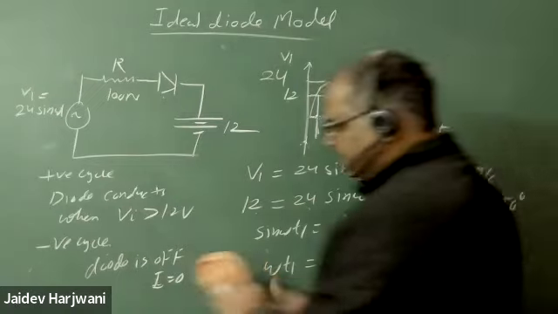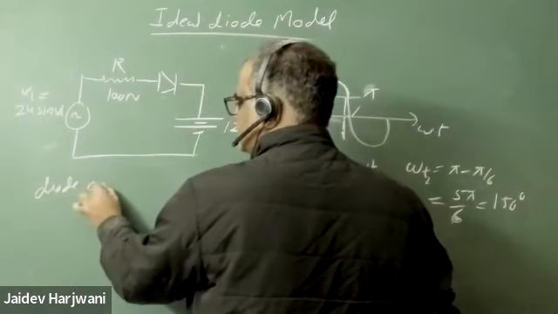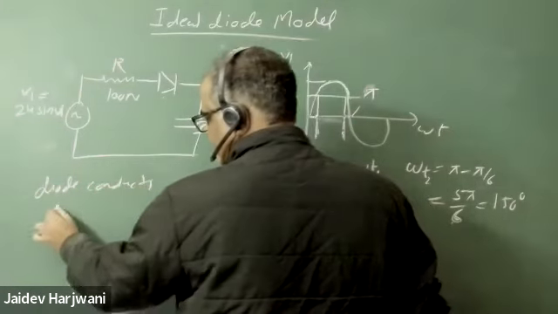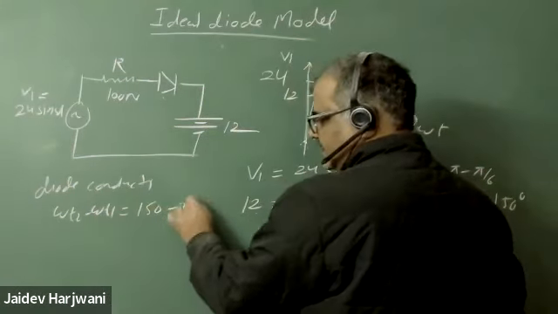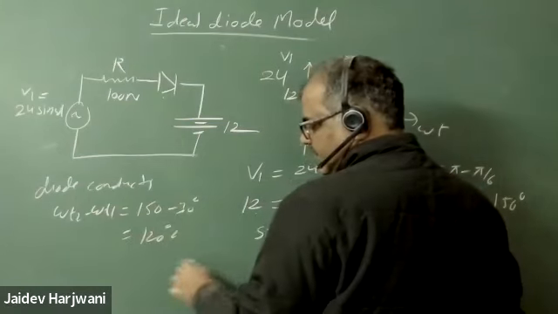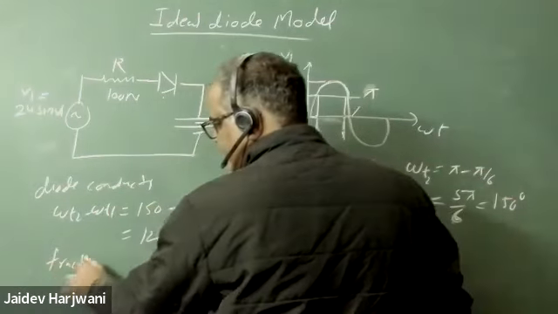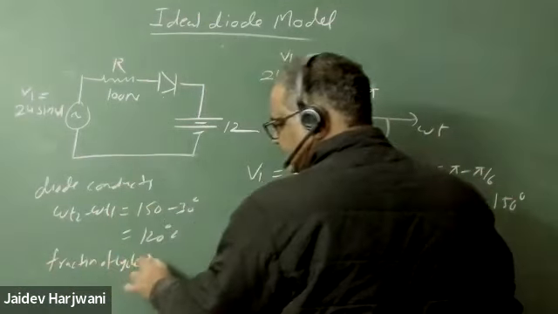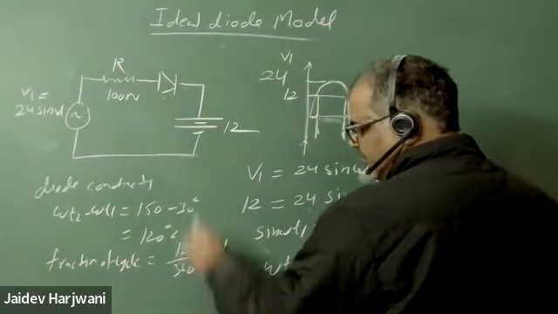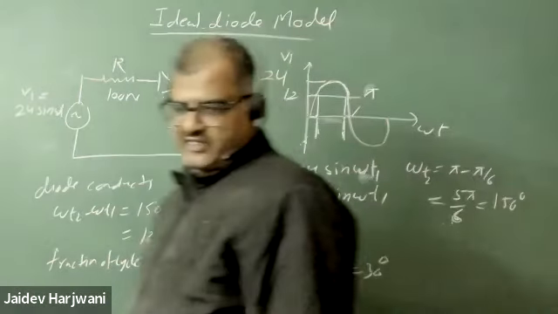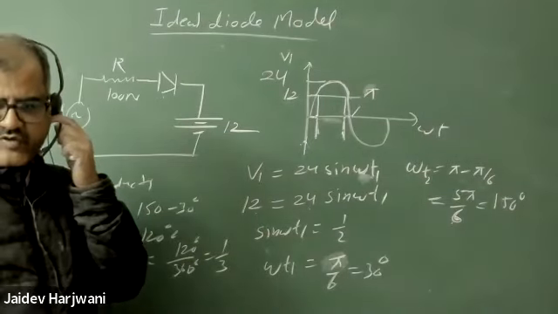So my diode conducts for omega t2 minus omega t1, that is 150 minus 30, which is 120 degrees. The fraction of the cycle: total cycle is 360 degrees and 120 degrees conducts, so almost 1 by 3 of the cycle the diode conducts, and the other time it is reverse biased and current is not flowing.